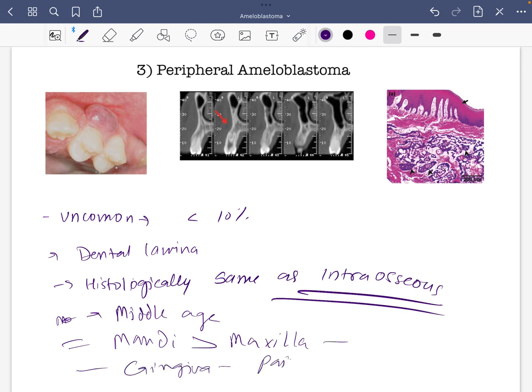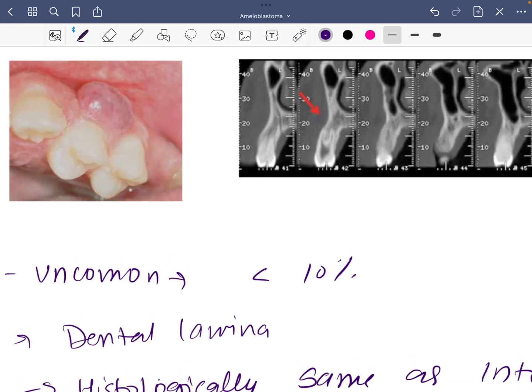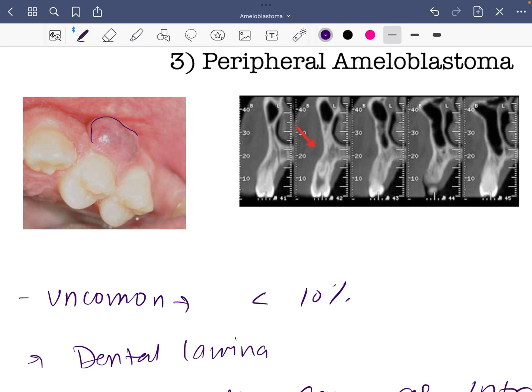It's going to be painless, with no ulceration. This is how it appears. Most of the time it's just assumed to be a fibroma; the differential diagnosis is mostly fibroma, epulis, all of the gingival swellings.